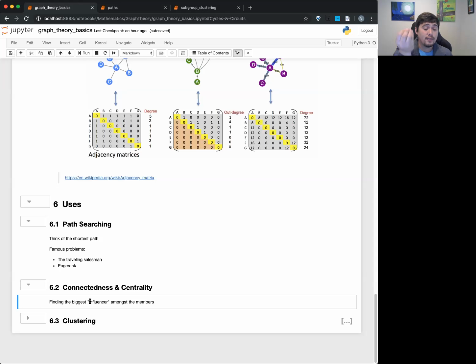So that one connection is a key point, and if we lose that key point, for example, they get deleted from the graph, it's now a lot harder to get through. This is where the idea of connectedness and centrality comes in: we're looking for that key person, that influencer amongst all the other parts.